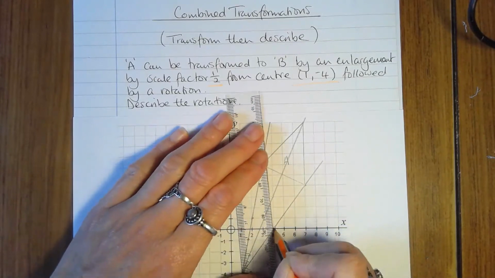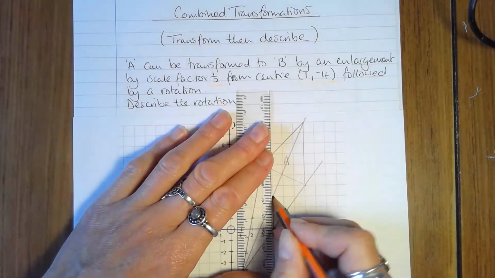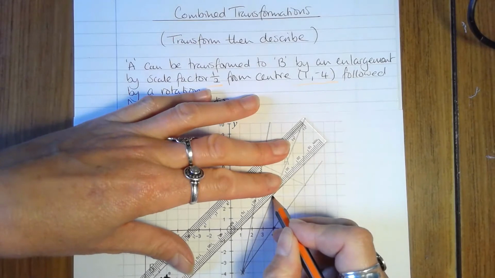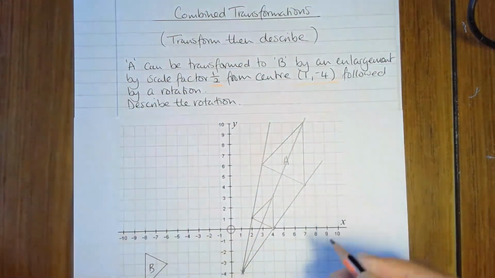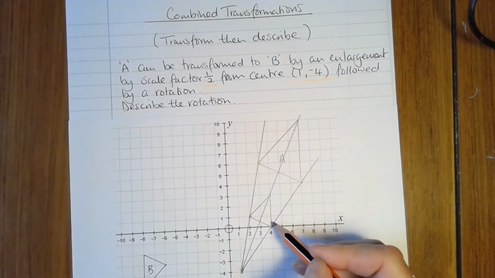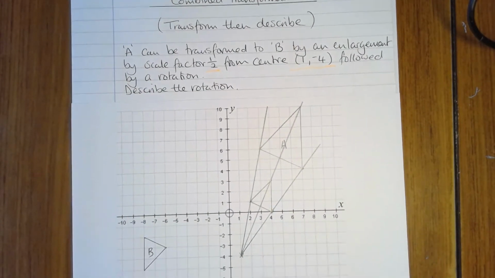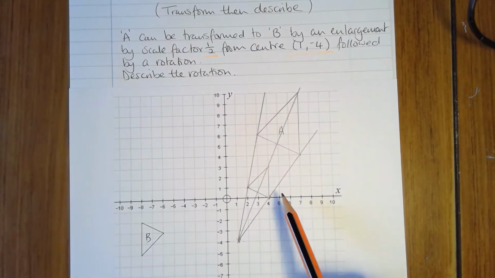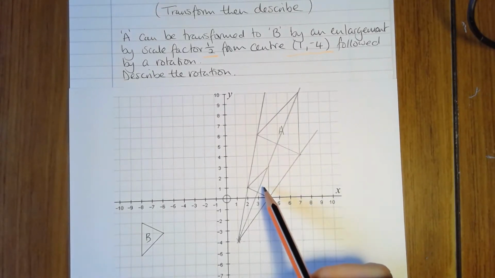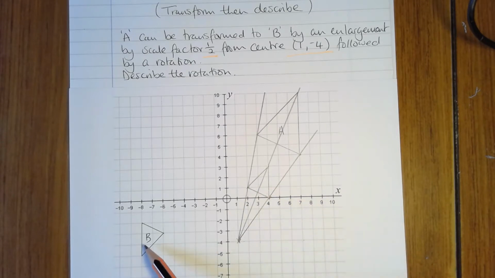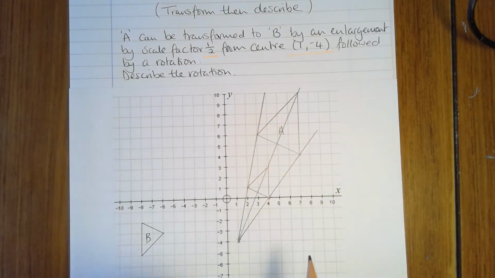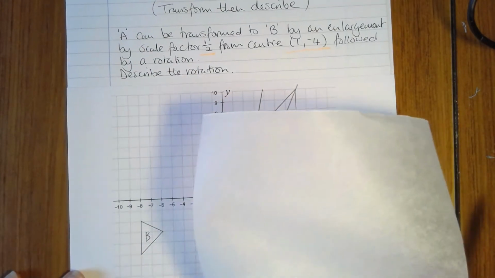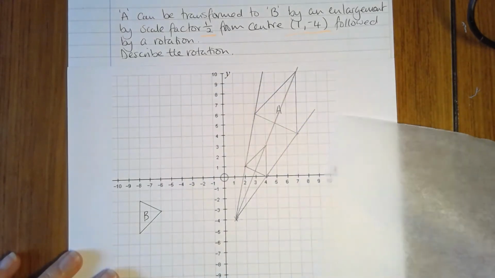So now I just need to join up my vertices. And I've performed the transformation. So the second part is to describe the transformation, or the rotation specifically, that takes this shape to B. So for that, I'm going to use some tracing paper or a baking sheet, as I have baking paper in the drawer, but I don't have tracing paper at home.